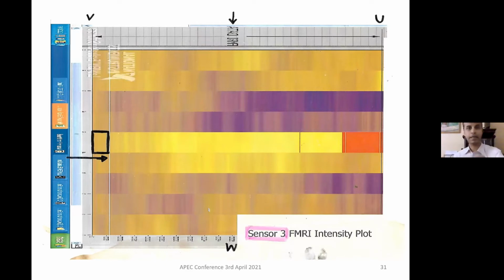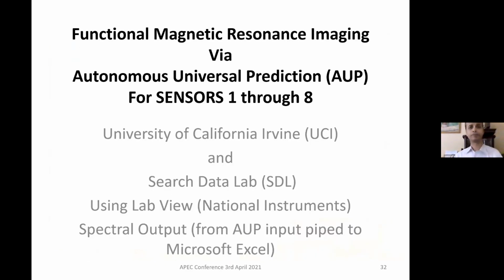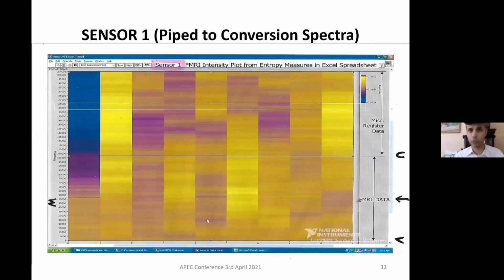But I'm getting these things, and so what happened then is, this is where all the slide sensors that I had, 1 through 8, UCI, and these were piped to Excel, and then I ran the NI lab subroutine for the researcher. So this was sensor 1.